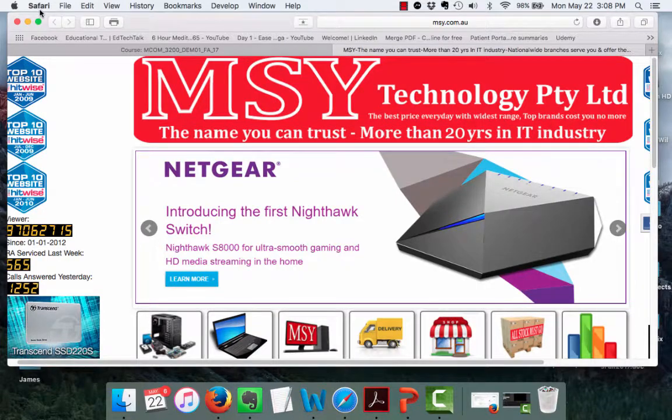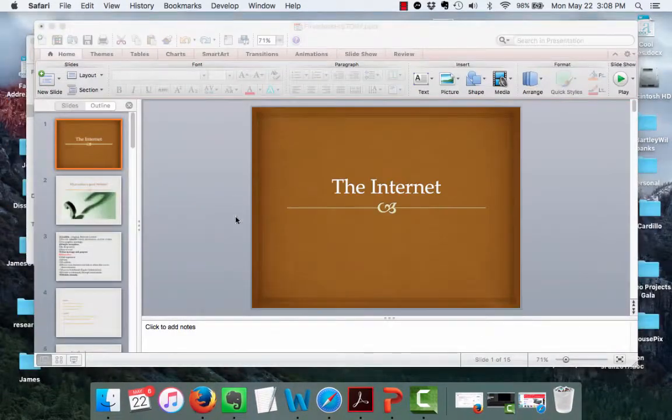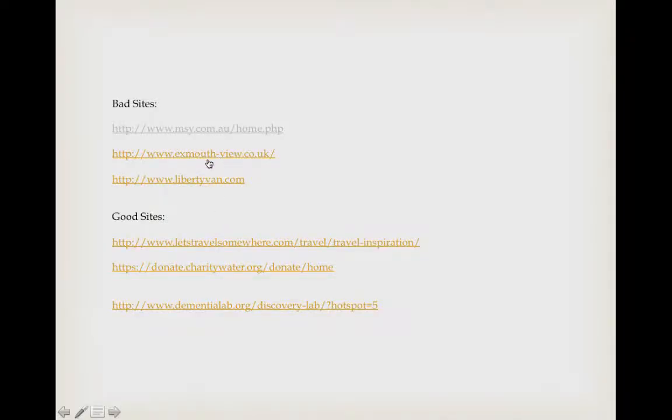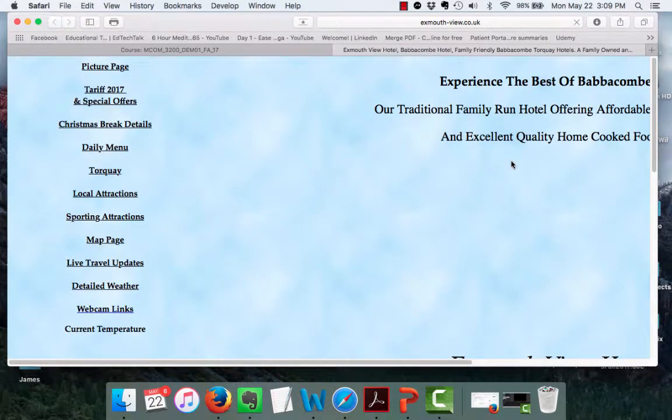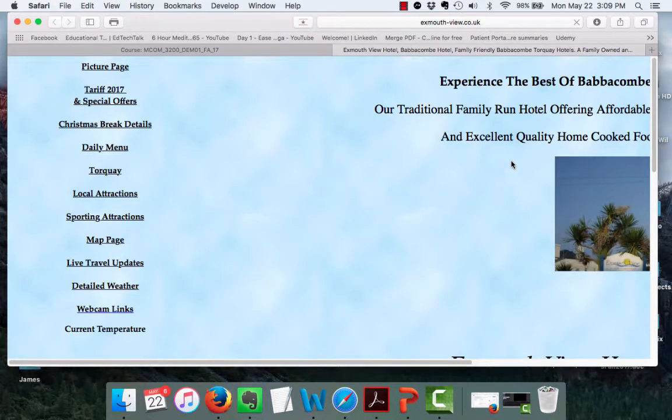So there's one. Let's go to one more and try that one in the UK. Should have tried the Liberty Van Lines. They're probably American. I don't know if I can get to the next one. Let's see. While it's opening, I'll close that one. Oh, this is a hotel. These poor people. This is a really sad website for a hotel.